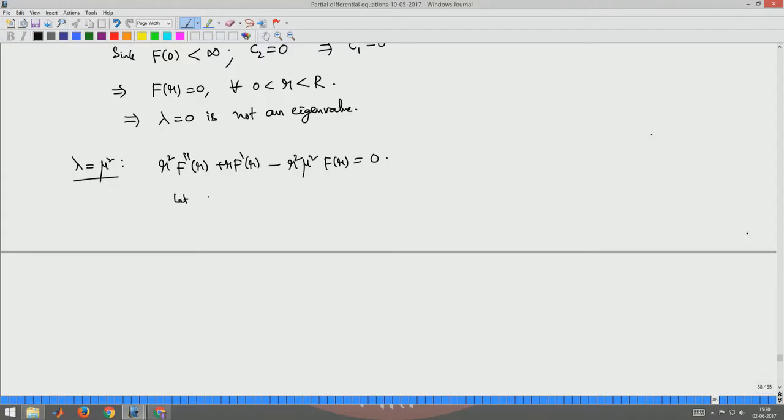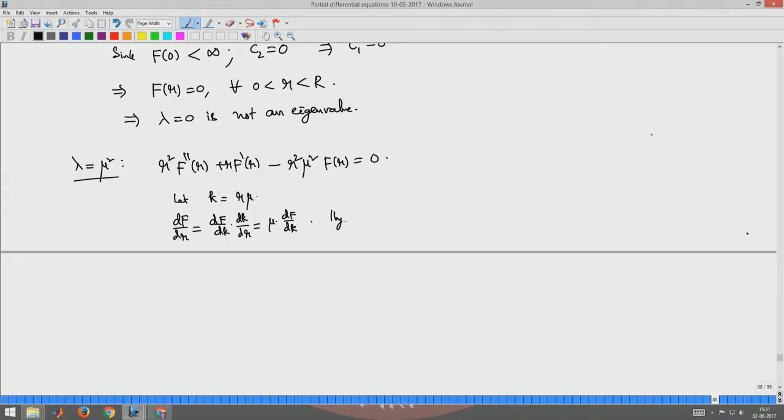Let the new independent variable k be r times mu. Then f dash of r, that is df by dr, you can write as df by dk into dk by dr, that is mu. So df by dr is mu times df by dk.